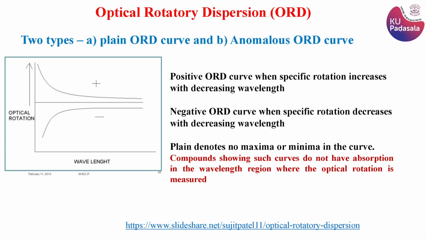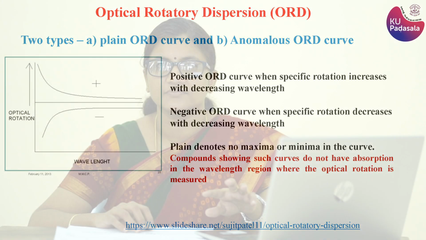When we get this type of plain ORD curve, it essentially means that your molecule is not absorbing in the wavelength region where you are measuring the rotation, so that is not of much use. But suppose I have a compound which is optically active.